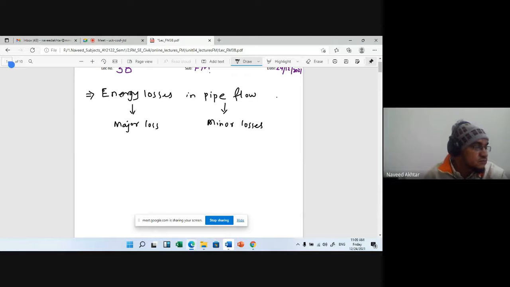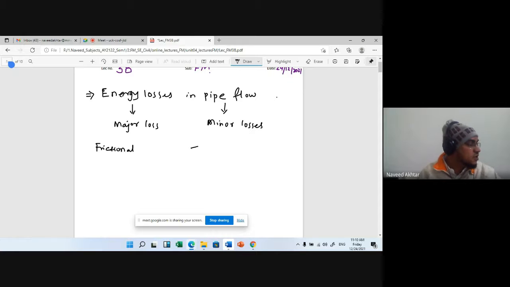We will also see the reasons of those losses. In major losses, friction loss is the major loss, and in minor losses, there are a number of losses.